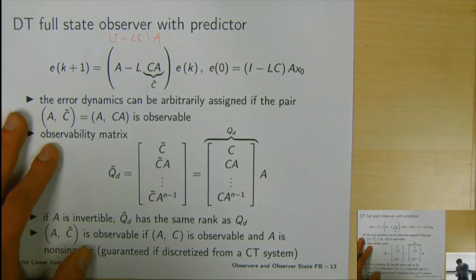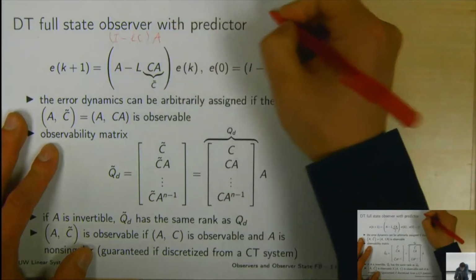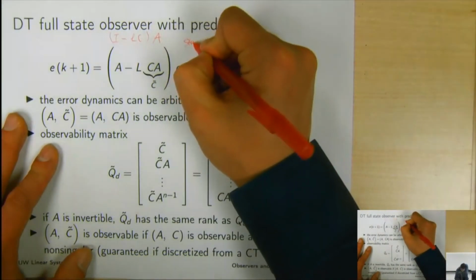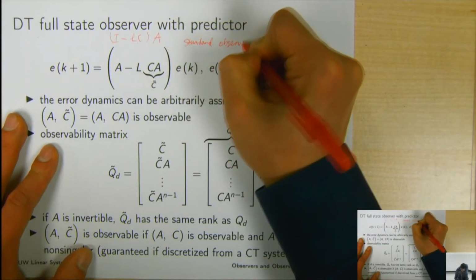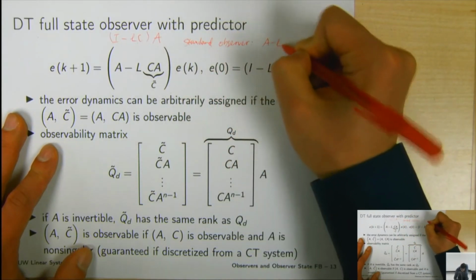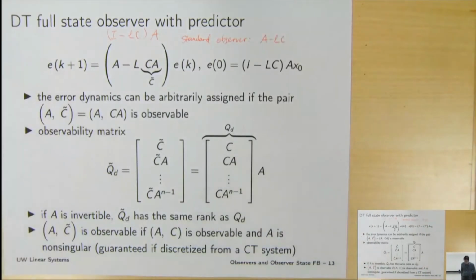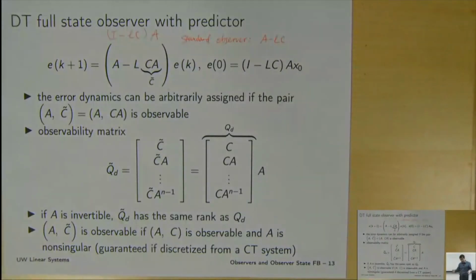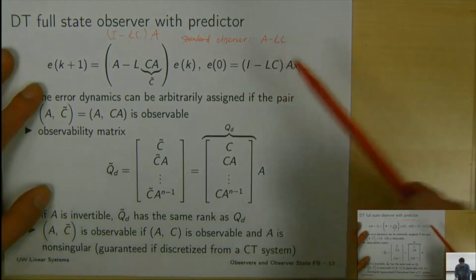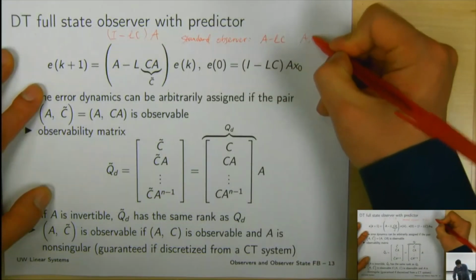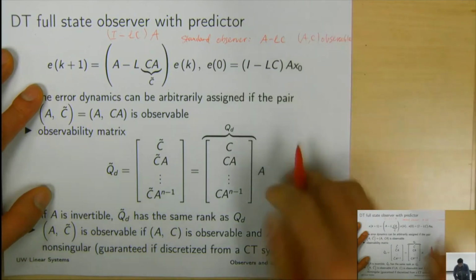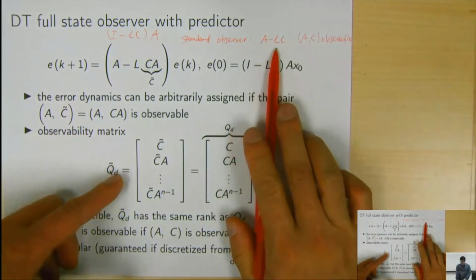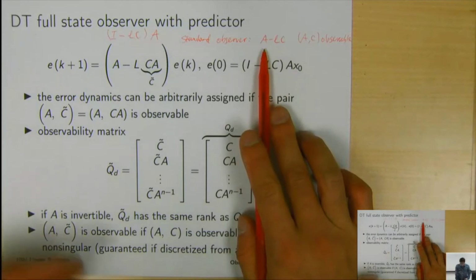In the standard observer design, we have A minus LC, right? We talked about the principle that if this AC pair is observable, then we can place the eigenvalues of this matrix arbitrarily.